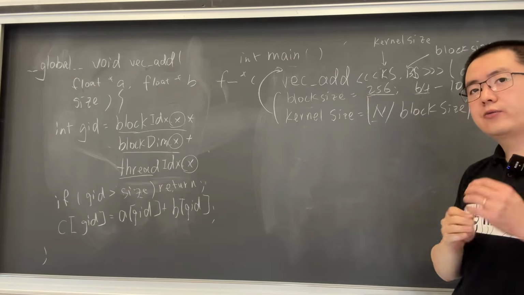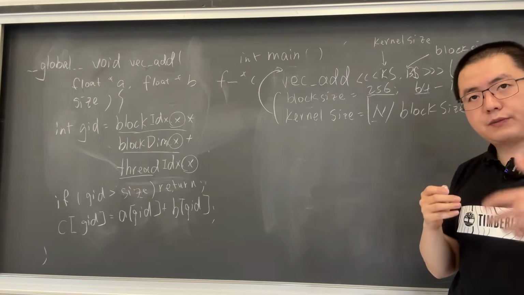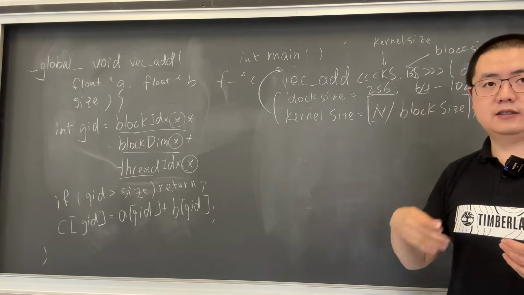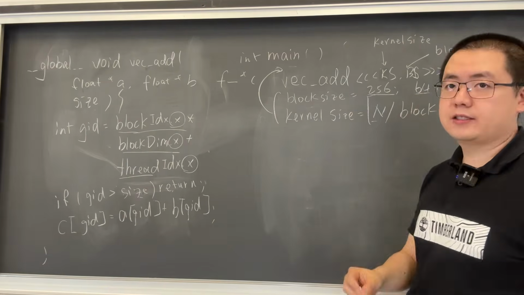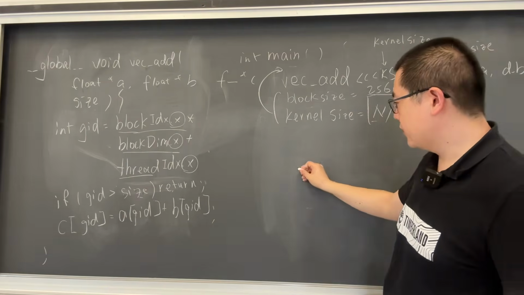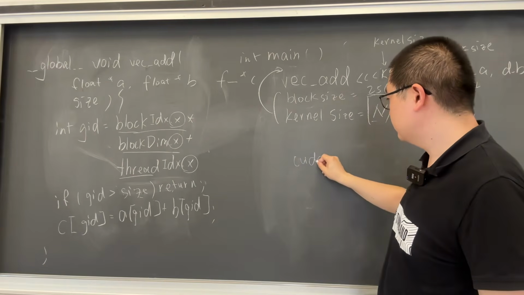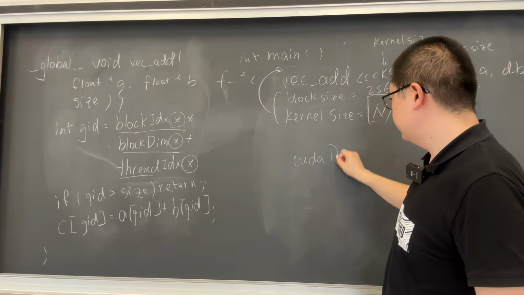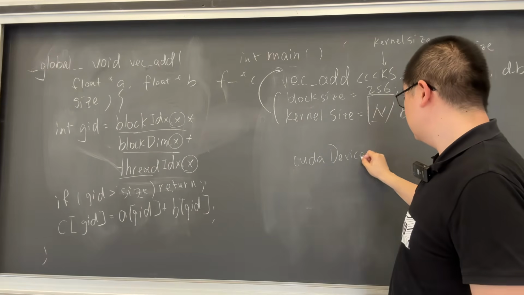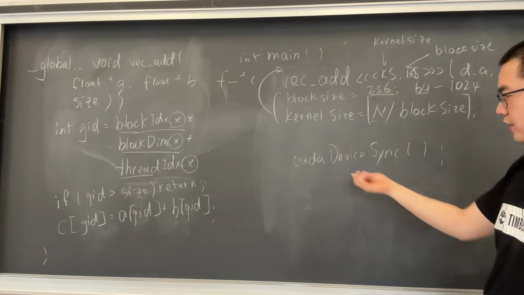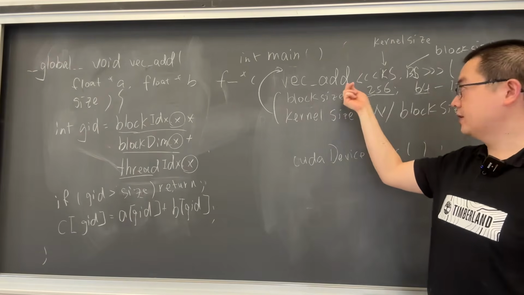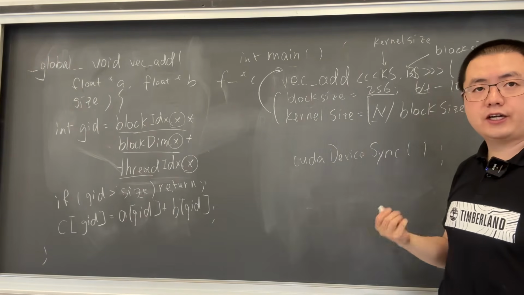In that case, we can let the CPU do something else while the GPU is running. So how can we make sure this one is completed? In this case, we call cudaDeviceSynchronize, and we call this function to guarantee that we wait for this kernel to be fully completed.